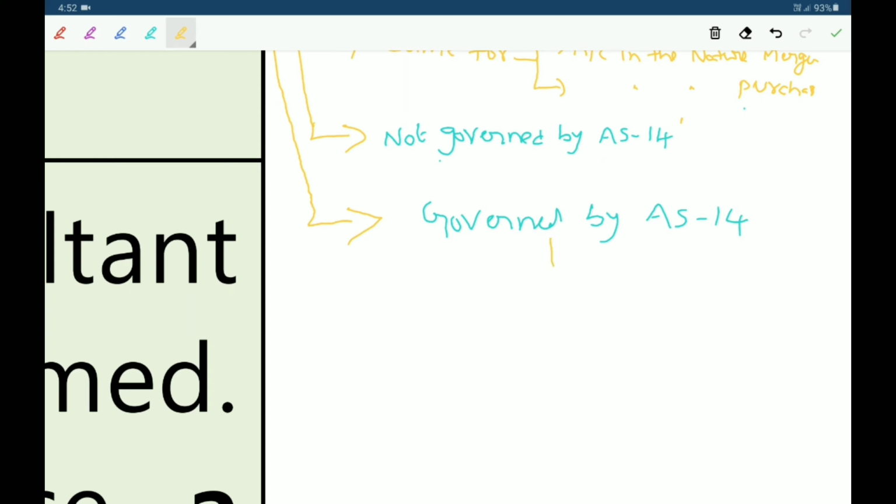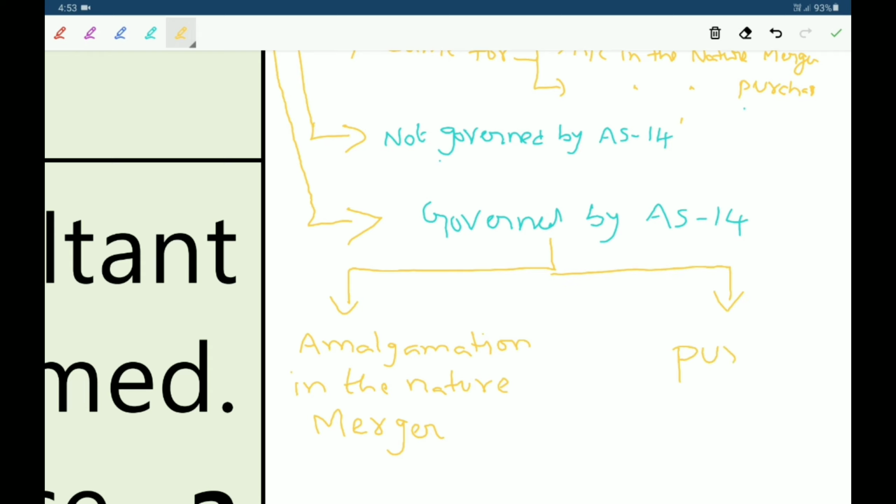One is amalgamation in the nature of merger. Second one is amalgamation in the nature of purchase. These are two methods.